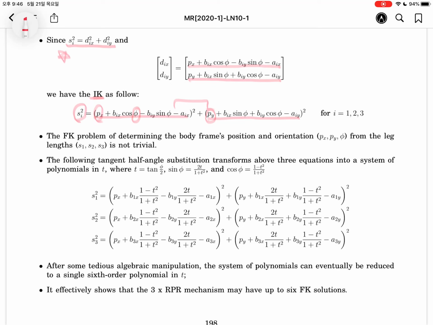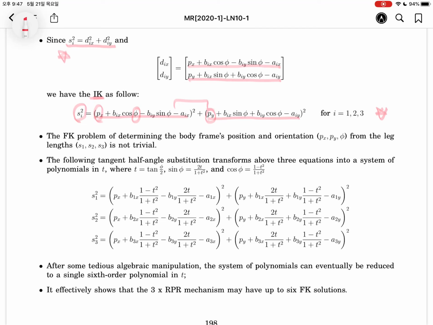Okay, if you provide p_x and p_y, the body frame position, and orientation phi at the time, we can determine the length of each leg using these three equations. It's not difficult, so the IK issue is very easy in the case of a closed chain.